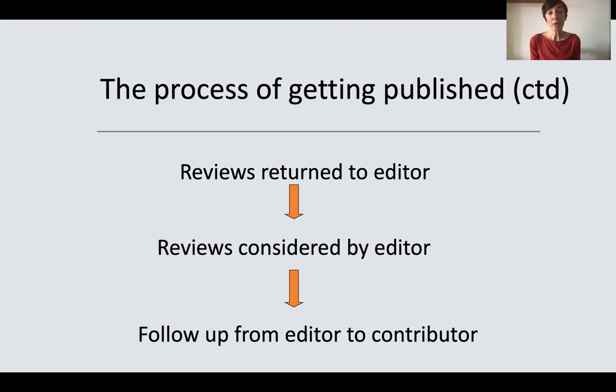If they are contradictory, the article would normally be sent to a 3rd reviewer. But otherwise, the editor eventually gets in touch with the contributor with a follow-up email, with the reviewers' comments included in that email. So at this stage, the contributor receives the feedback on their article.